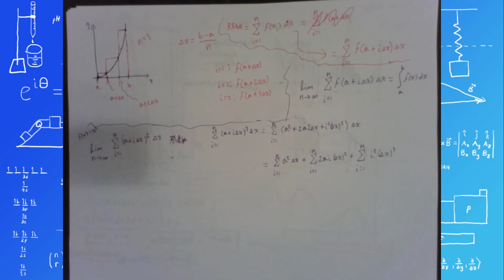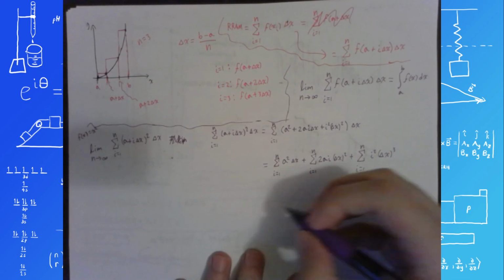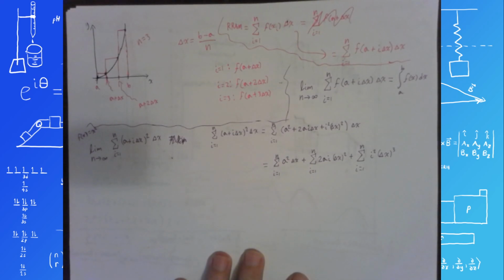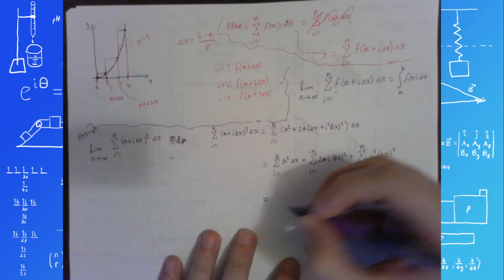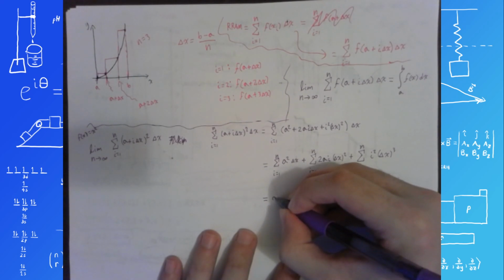The a's and the delta x's and this 2 over here do not depend on i, so I can factor them out of each of these sums. And in fact, I can make a simplification because my a here is equal to 0, so I can take a shortcut here. Let's do the factoring out first.